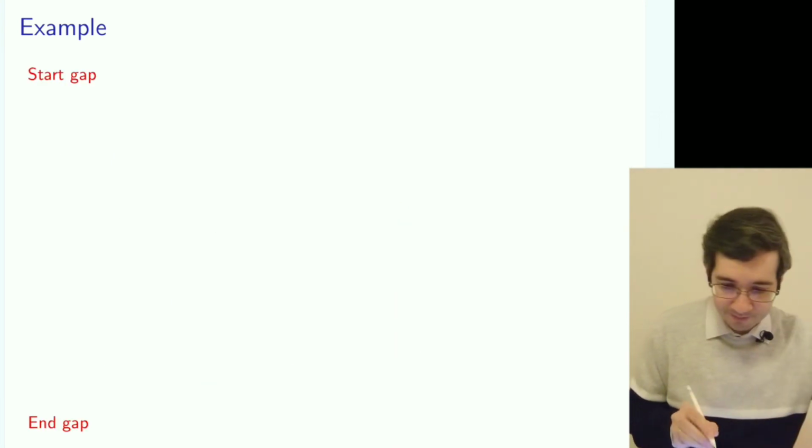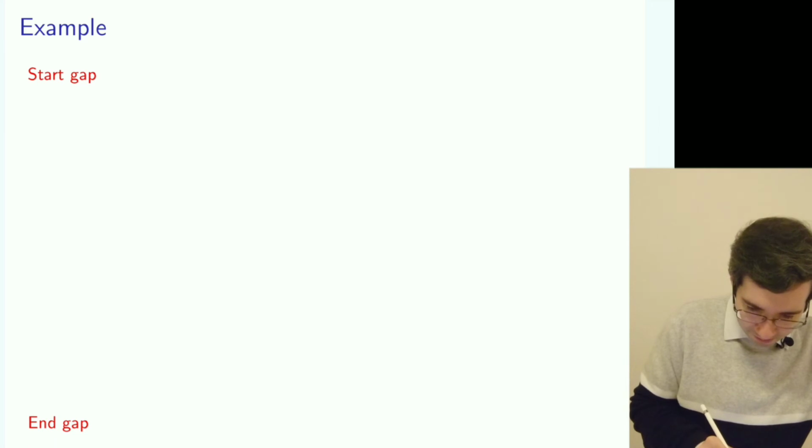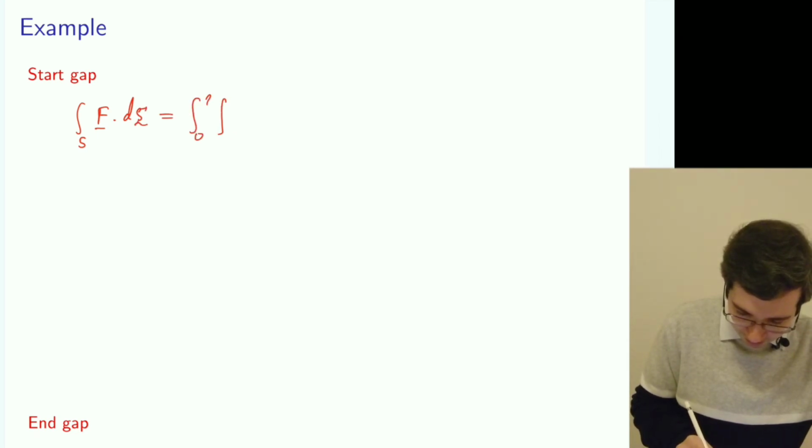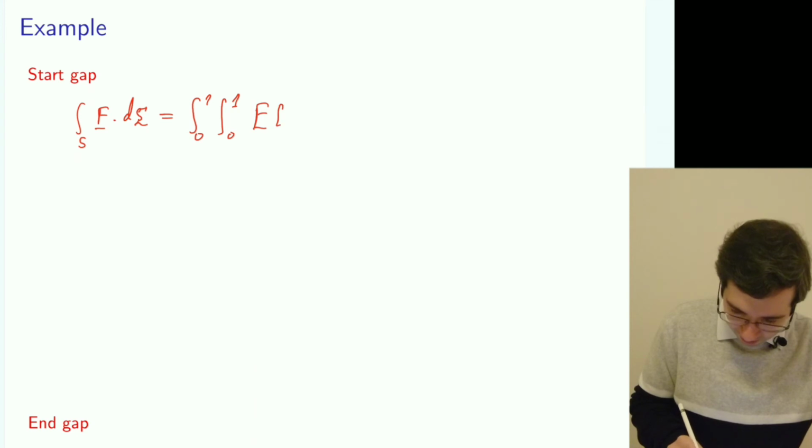So let's do that. So we have an integral which we found to be from 0 to 1, of F, the vector field, inside it.